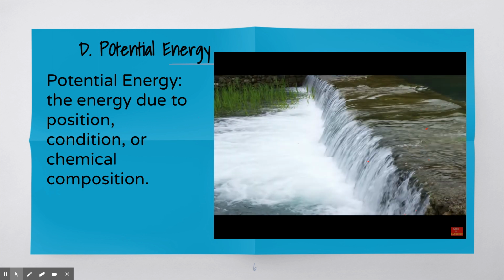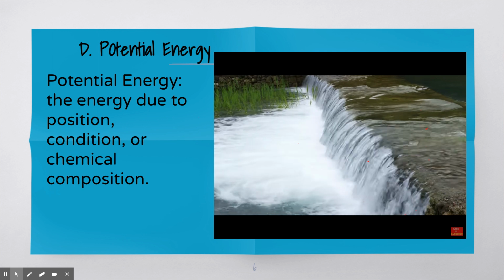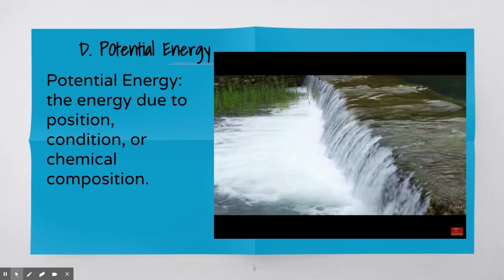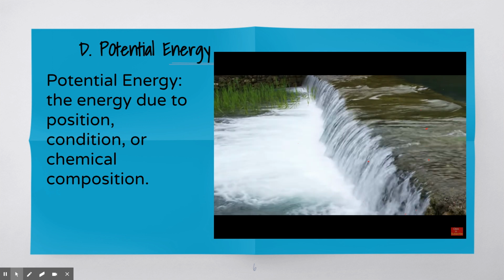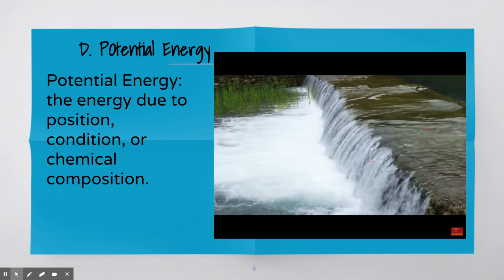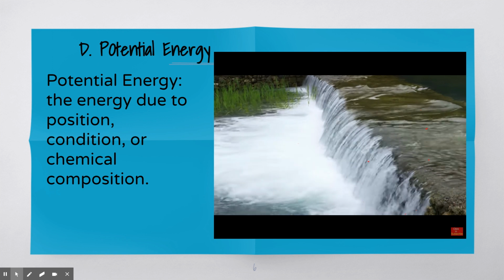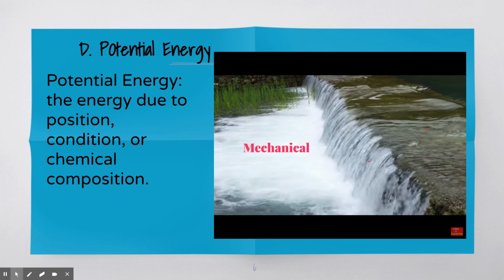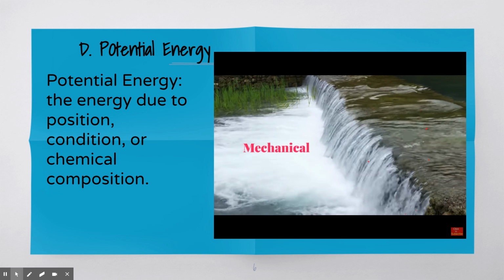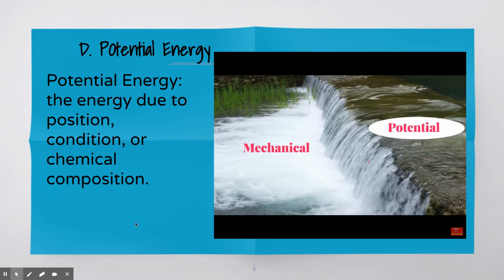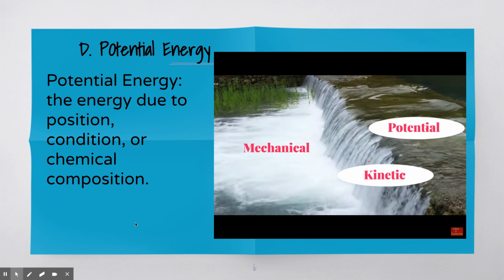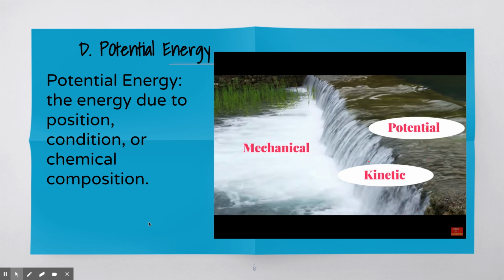This water moving over this ledge is another example of the combination of potential and kinetic energy. The white water at the bottom of the ledge is a result of the potential energy of the water at the top of the ledge and the kinetic energy of the water falling.